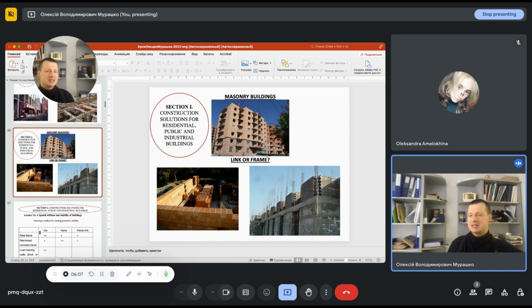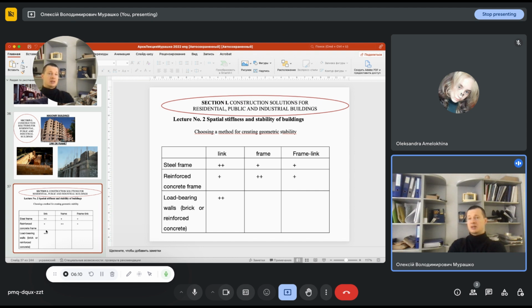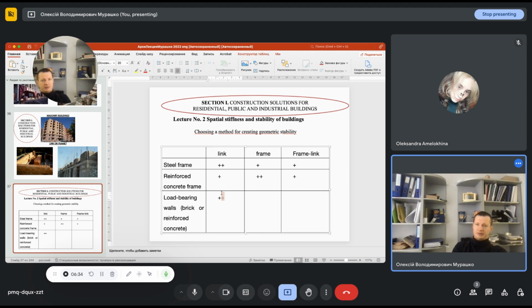So this table helps us to understand which method of creation of geometric stability we can use to make it in the most efficient way. When I'm talking about load-bearing walls, for a building with masonry walls, the only option that we have is the link method. When we're talking about reinforced concrete frame, the preferable method of creation of a geometrically stable system is the frame method.